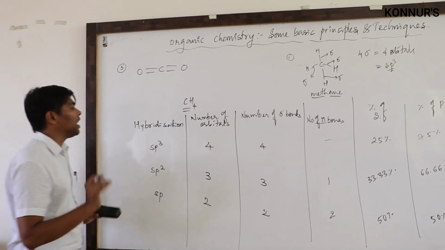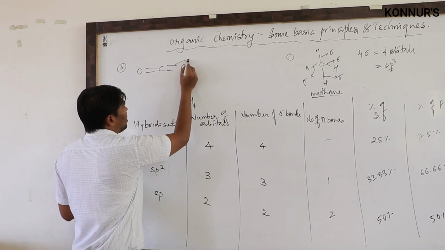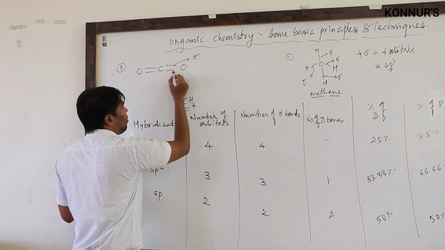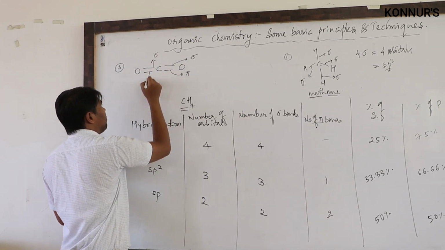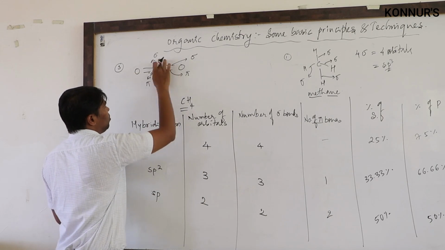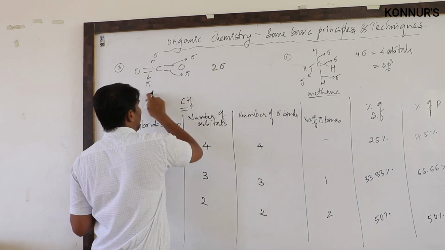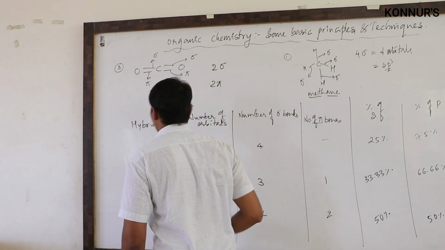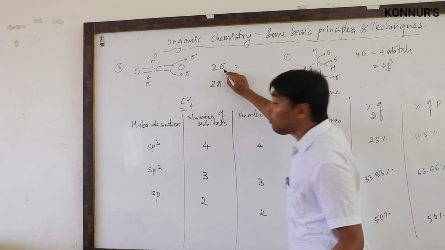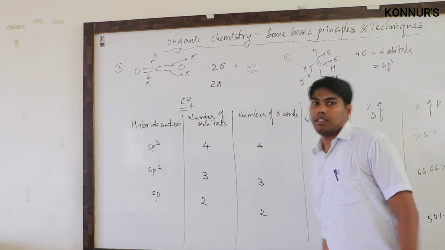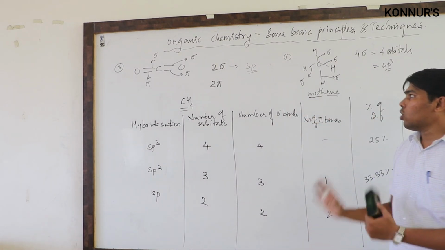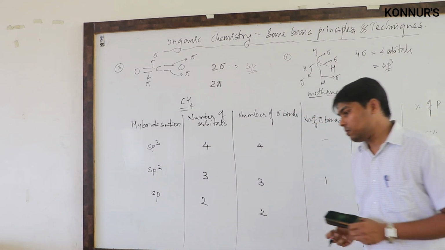That shouldn't happen. You should look into the number of sigma bonds and pi bonds, and only then give the answer. I saw inside the class many students do that. It's not like that. Here, in the double bond, one is a sigma bond and the other is a pi bond, and likewise on the other side. 2 sigma bonds and 2 pi bonds are there. So 2 sigma bonds means 2 orbitals, and that is sp hybridized. So that's all about the hybridization.